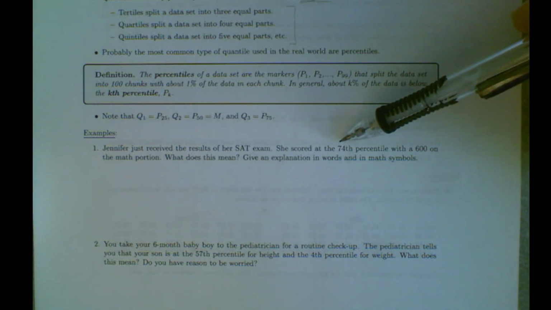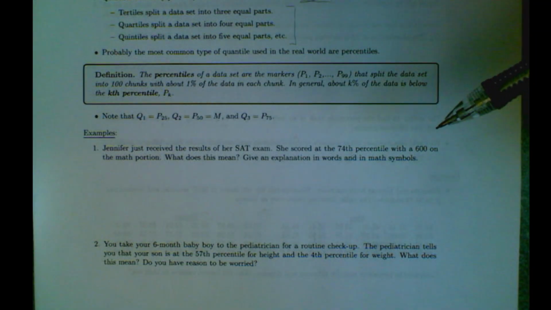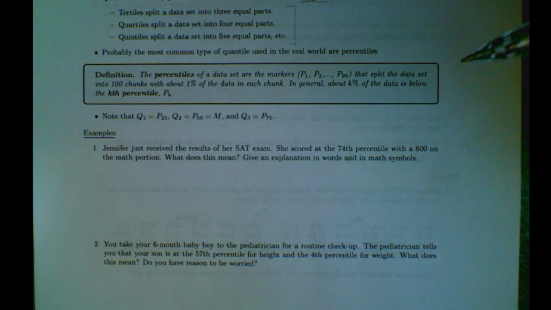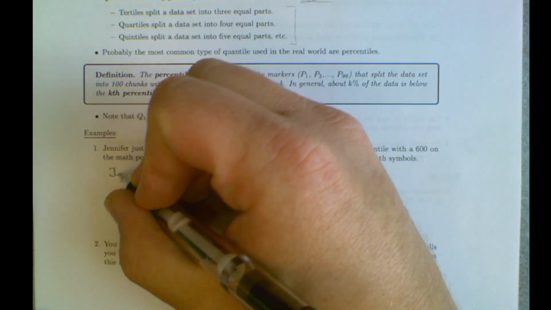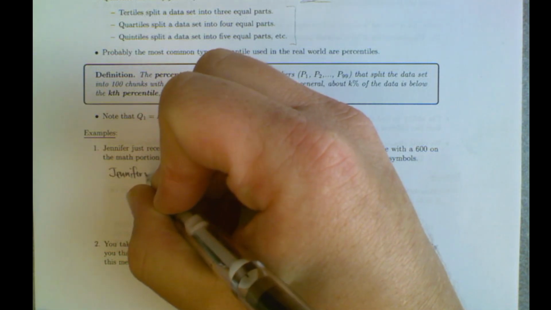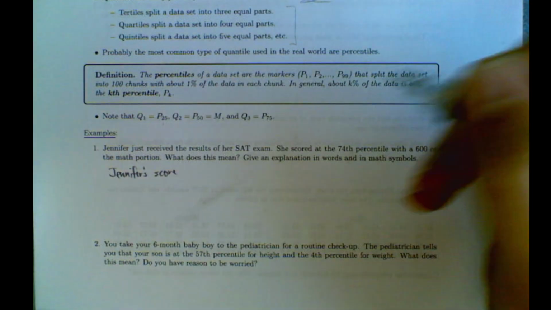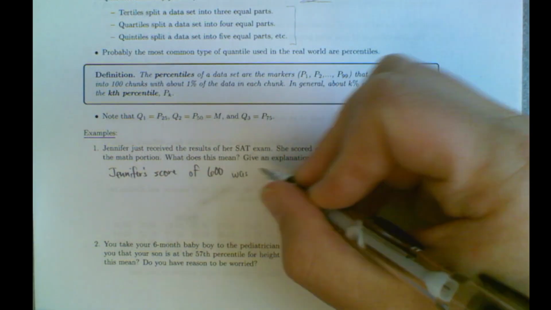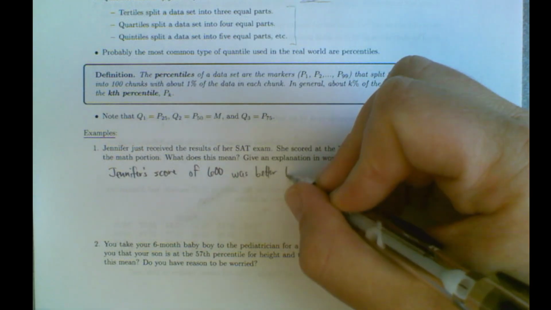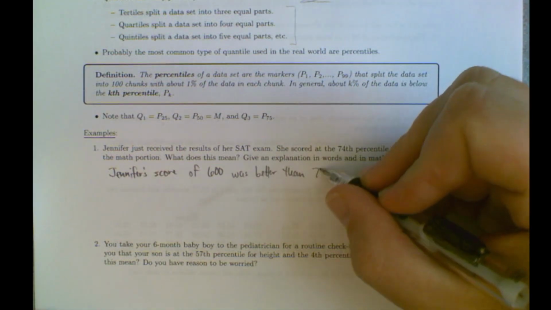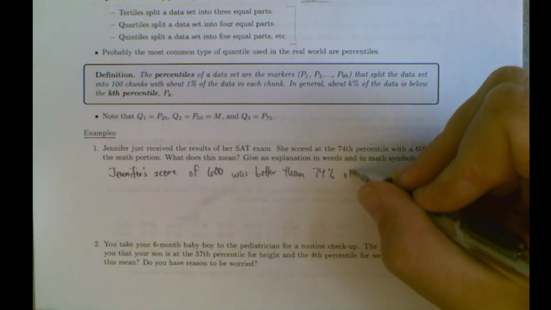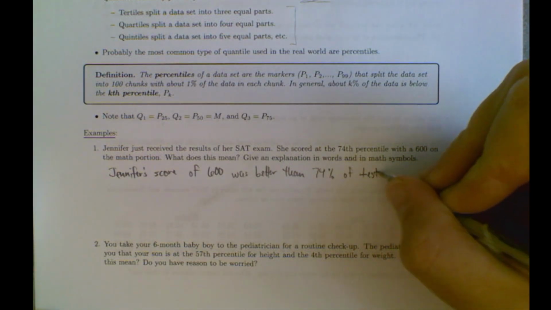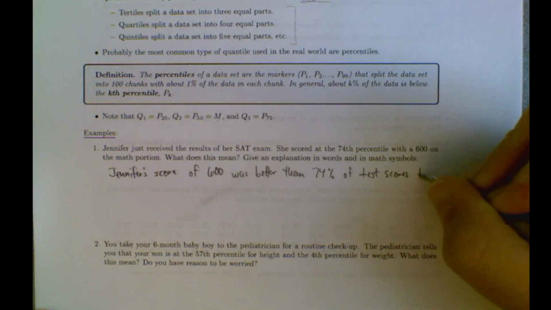Well, to score at the 74th percentile means that she scored better than 74% of people who took the test. So we could say something like Jennifer's score of 600 was better than 74% of test scores that year.